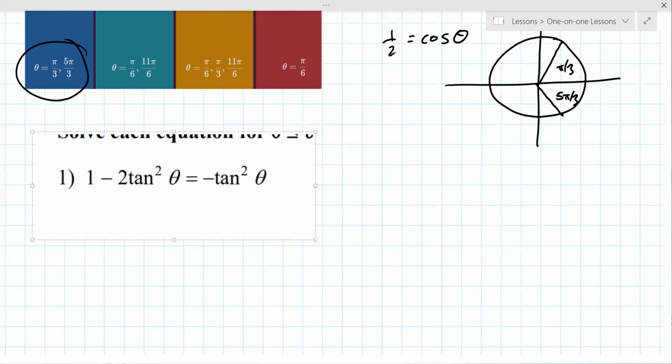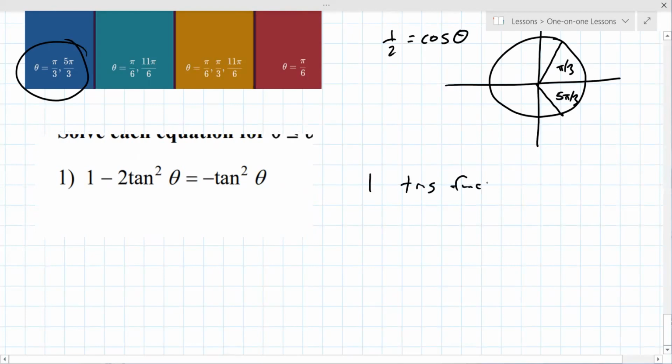So with this one, whenever you only see one trig function, you just solve for it. So this one only has a tangent squared. So the first thing to do would be to move the 2 tangent squared over.